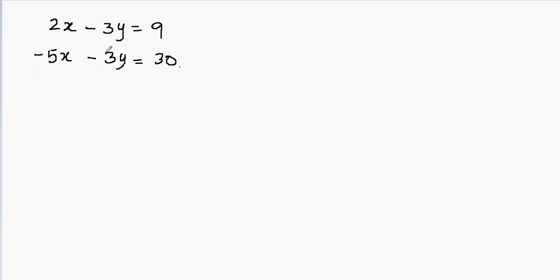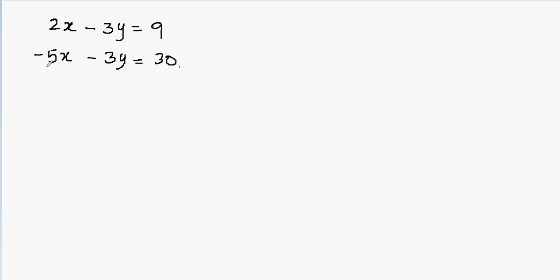But if the signs are the same and the coefficients are the same, then you subtract them. So in this case, since we have the same coefficient and the same sign, we will subtract the equations to eliminate variable y and get the value of x.